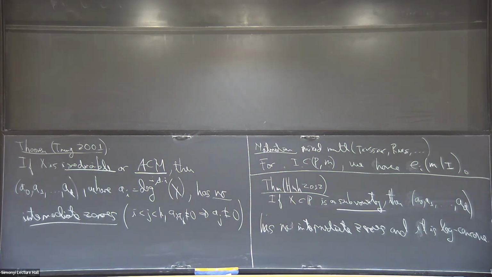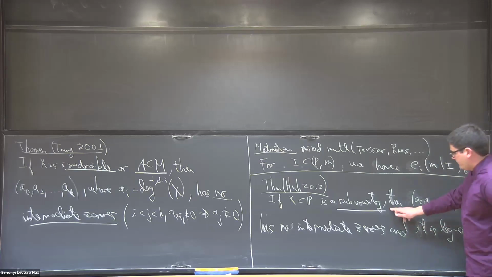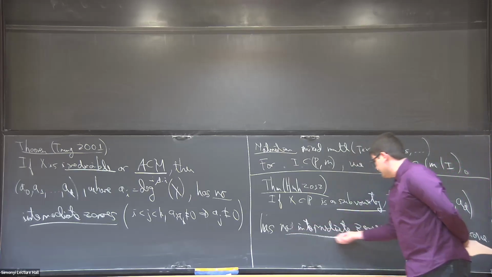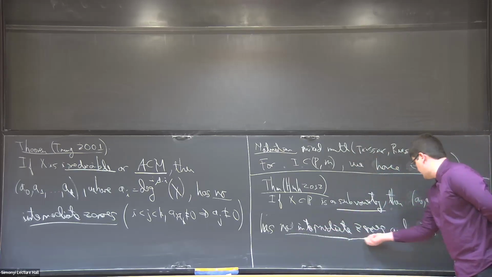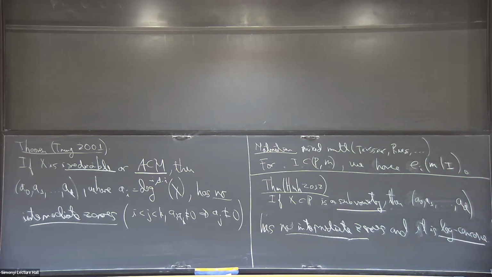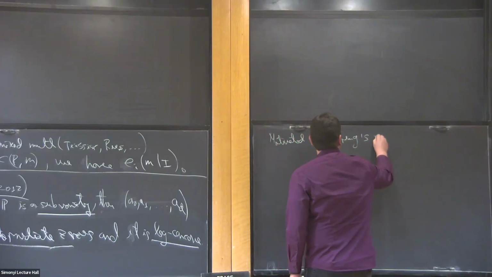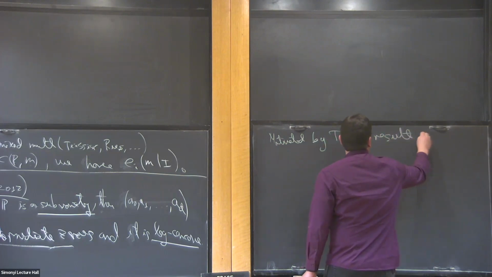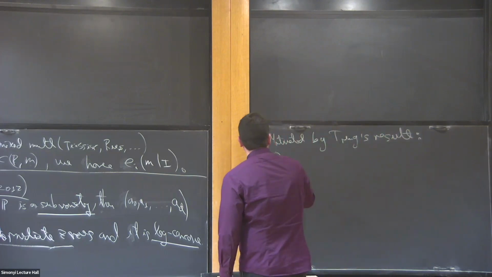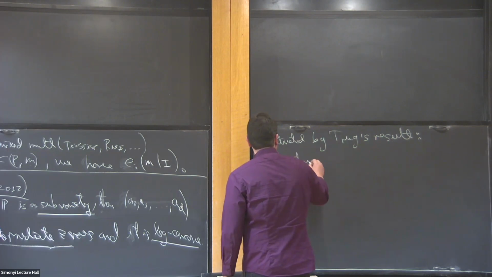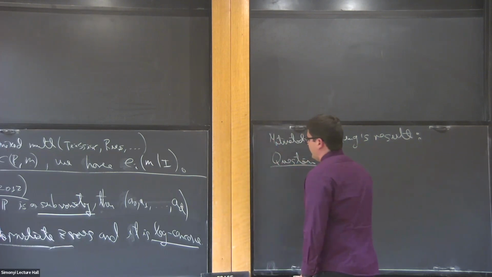So a priori, he gets no intermediate zeros, and it is log-concave, but motivated by Trung's result, I think it would be nice to attack the question.